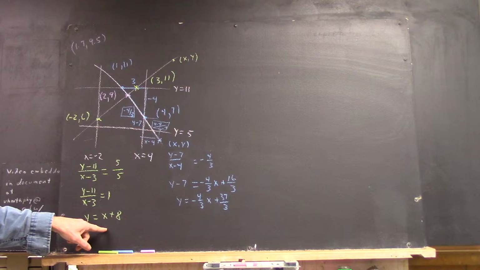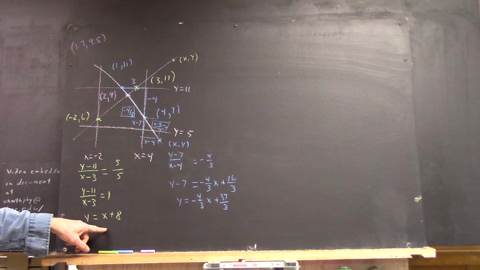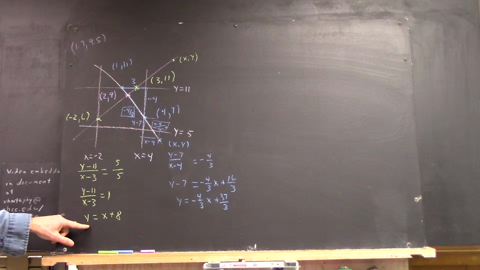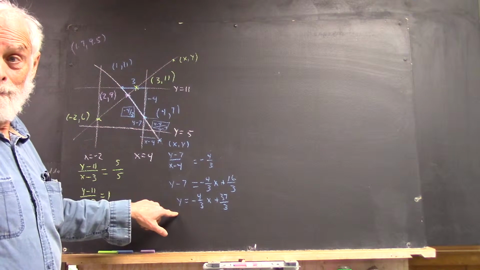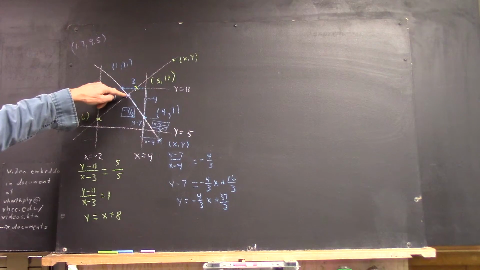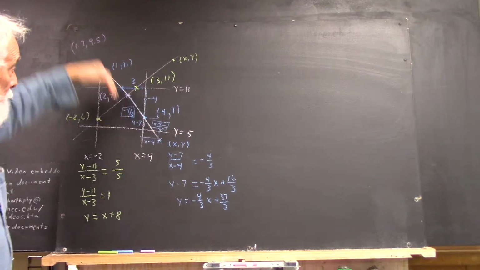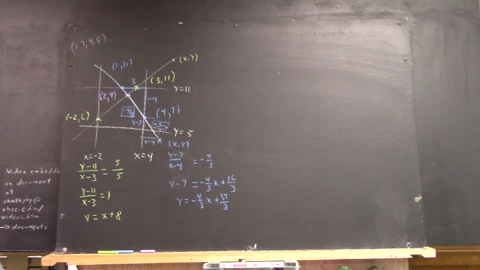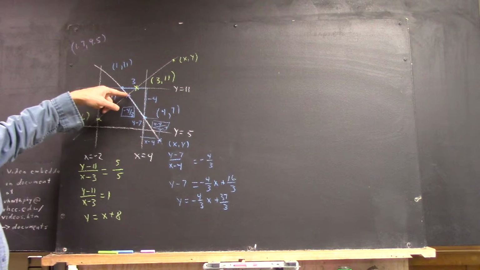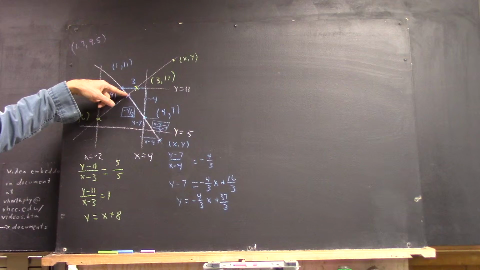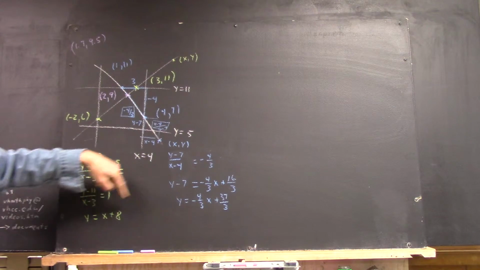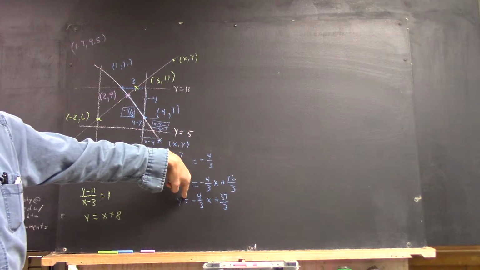I hate decimals on graphs. It's okay. You don't have to deal with them right now. I've got this and I've got this, right? At the point where these intersect, this describes points on this line, this describes points on this line. If both lines intersect, that means this has to be satisfied and this has to be satisfied.